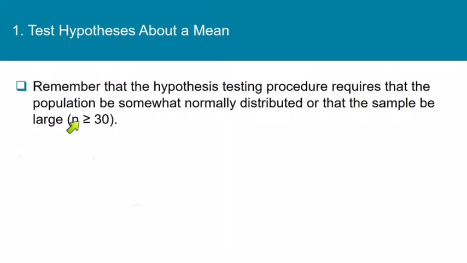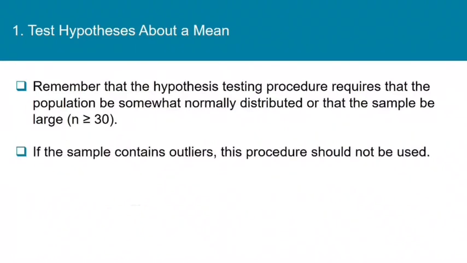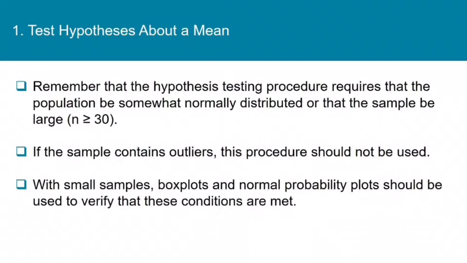If you have a sample smaller than 30, then you have to know somehow that the population is somewhat normally distributed, otherwise the test is not valid. Also, if the test contains outliers, this procedure shouldn't be used. So with small samples, we need to look at a box plot and a normal probability plot to make sure that both of these conditions are met.